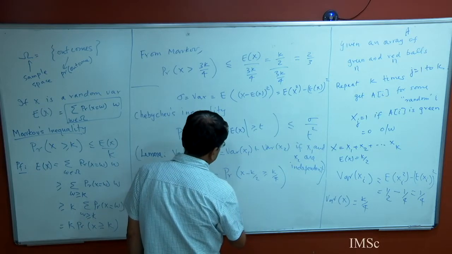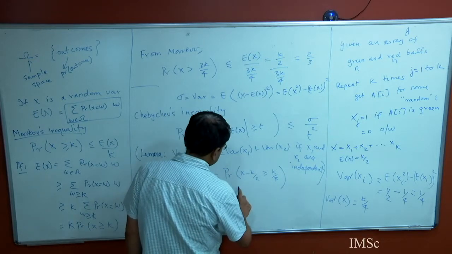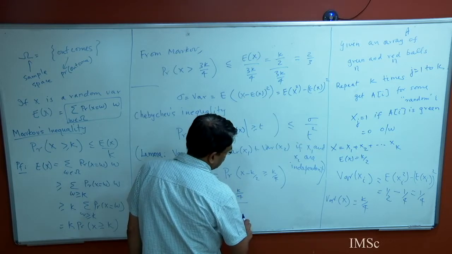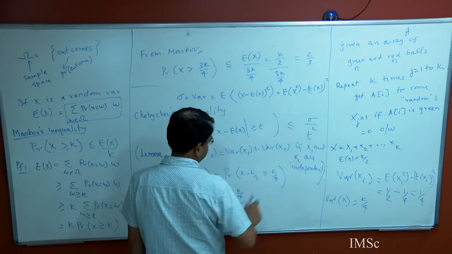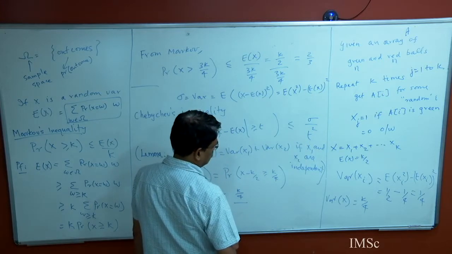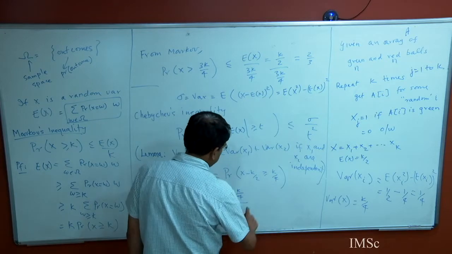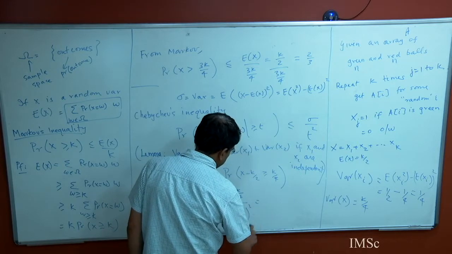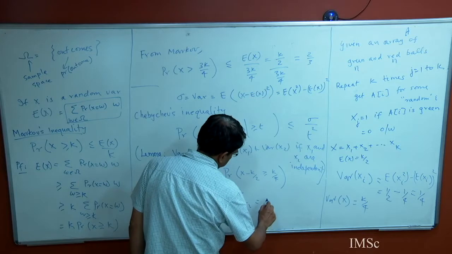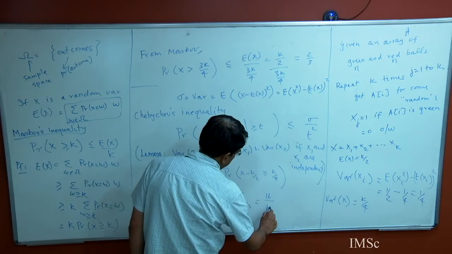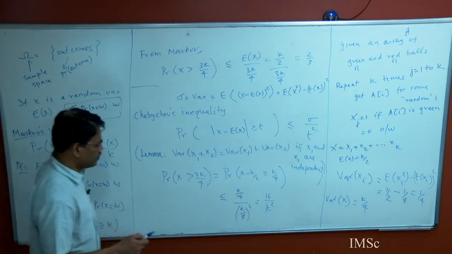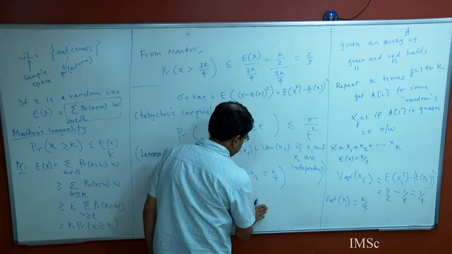Which is less than or equal to sigma, which is k by 4, divided by t square, where t is k by 4, so k by 4 square. So this is equal to 16 by k square. No, sorry, 4 by k.